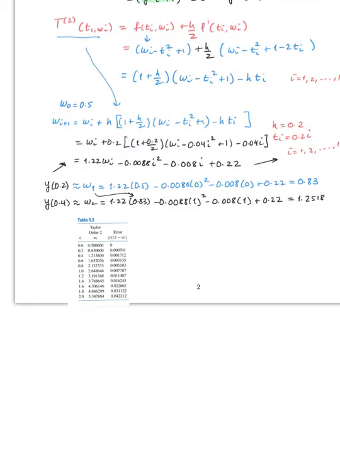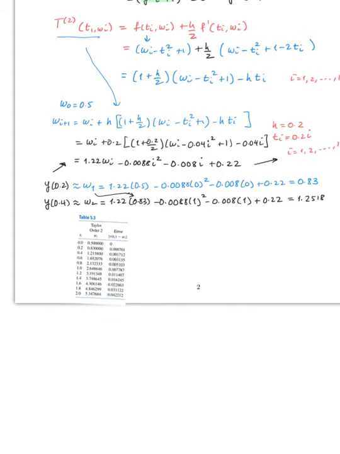Now, in general, you will get this. So you compute all the values. These are the values that you end up with. Here are all the values all the way up to i equals 10. And this is the error.